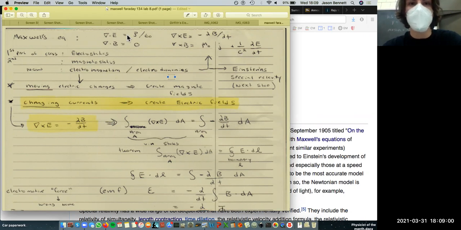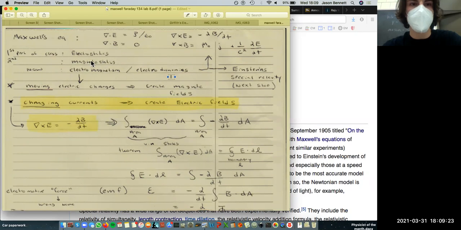If you were to describe these equations verbally, it means that when charges start to move, instead of in lab one where the charges were just sticking to the plane, they actually create magnetic fields.